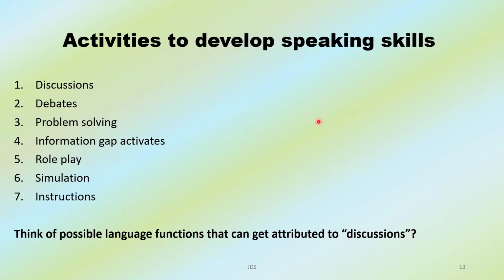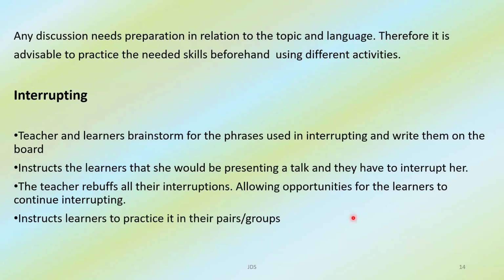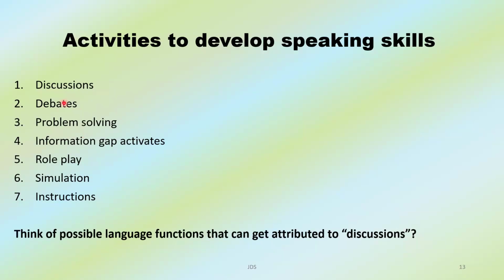So if we just give them a topic and ask them to discuss, if the child can't agree or disagree, or if the child can't express his opinions, they won't discuss. They will just keep quiet and while away the time. So therefore, we have to first teach them the language functions before involving them in challenging tasks like discussion and debates.